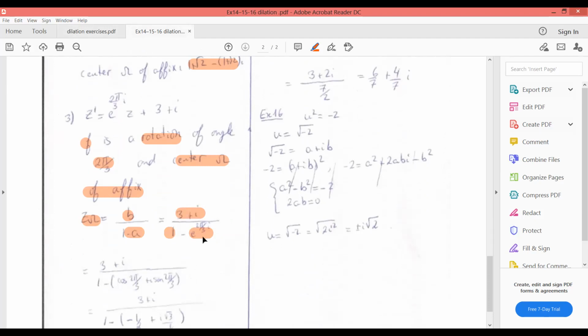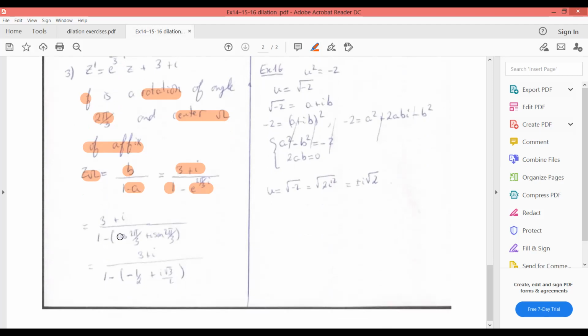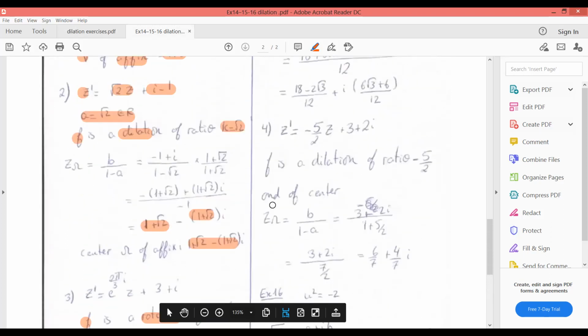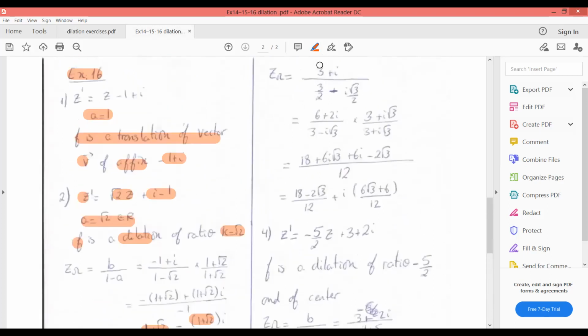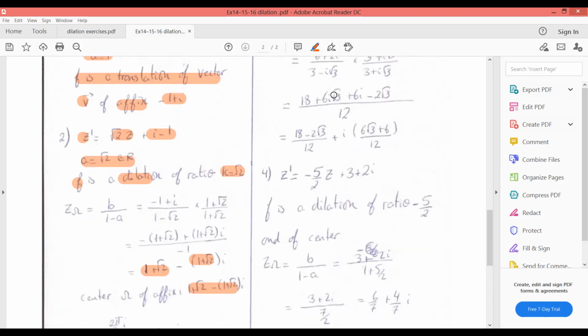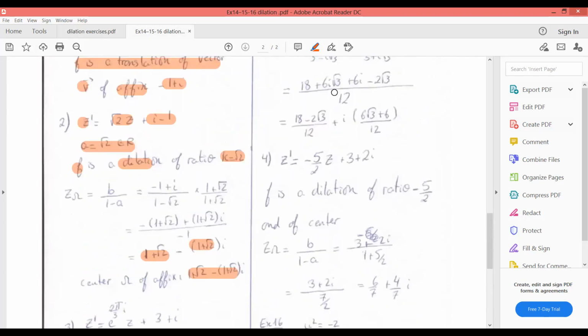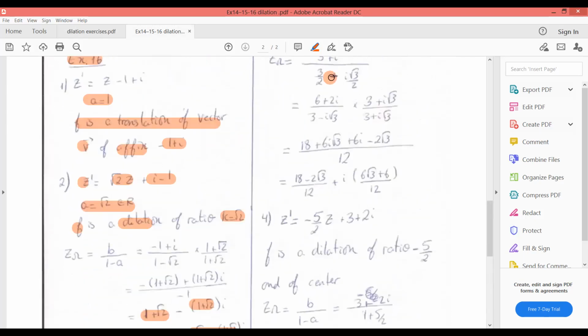This is a. I change it to algebraic. First, I change it to trigonometric: cosine 2 pi over 3 plus i sine 2 pi over 3. Cosine 2 pi over 3 is minus half plus i radical 3 over 2. So Z omega equals 3 plus i over 3 over 2 minus i radical 3 over 2.